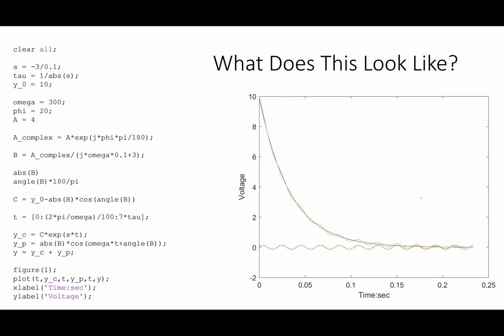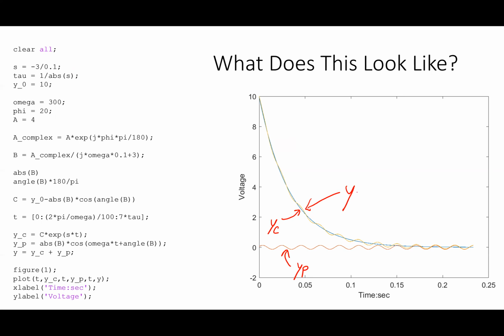Now we'll look at this more on Friday, but if I look at those two together, it's hard to see the yellow one here, but which one is the steady state and which one's the transient? Sorry, that's my y sub p. The blue here is my transient y sub c, and the yellow, which has them together, is y.